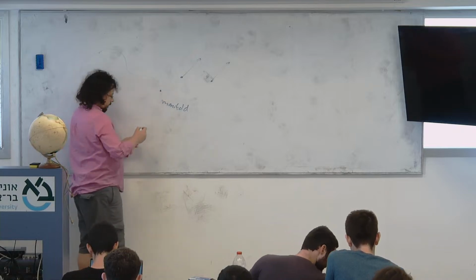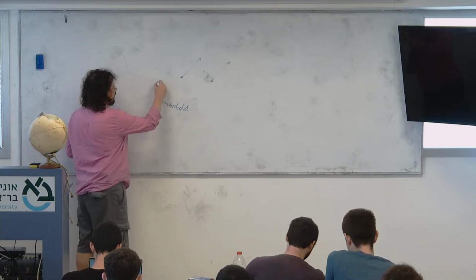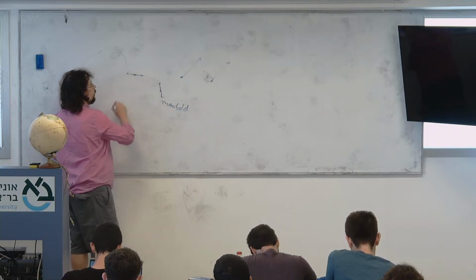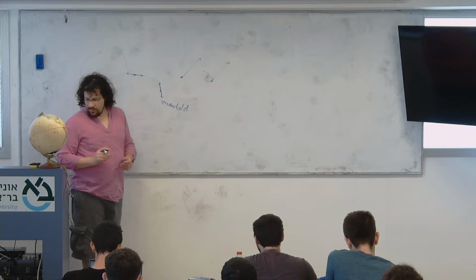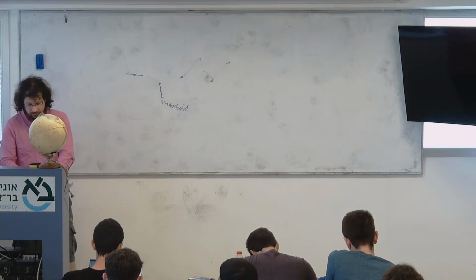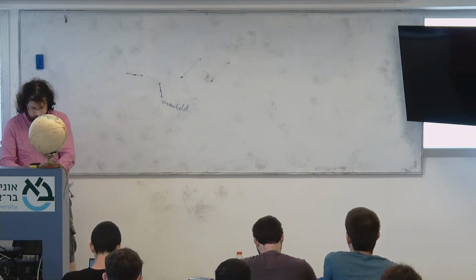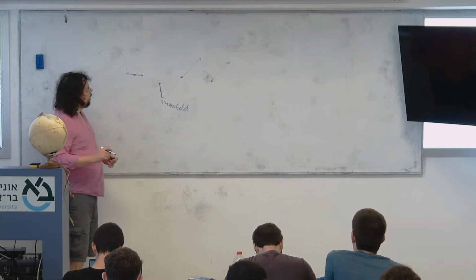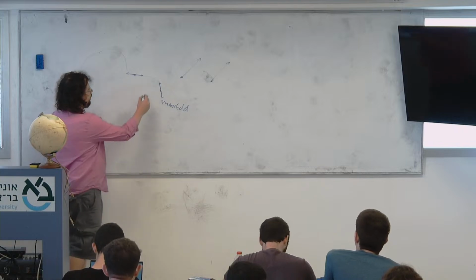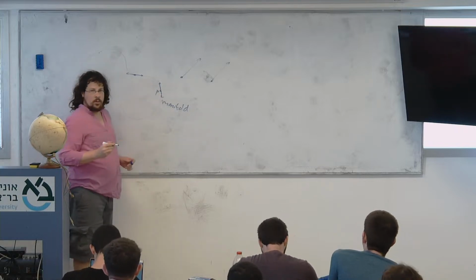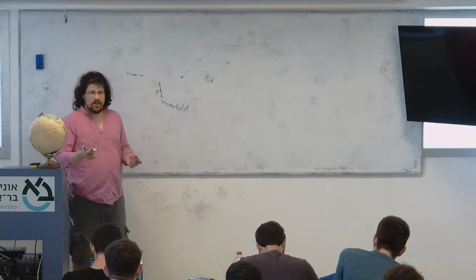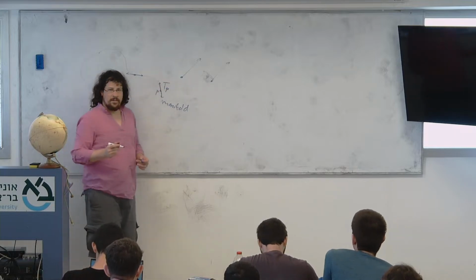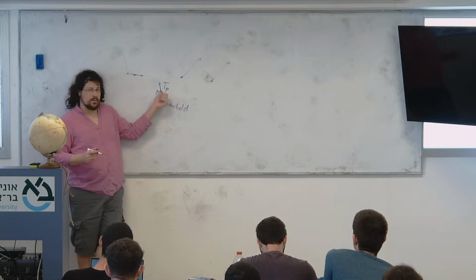So here, for example, you can have vectors like this or like this, but here your vectors will look this way. Okay, the tangent space will be different.